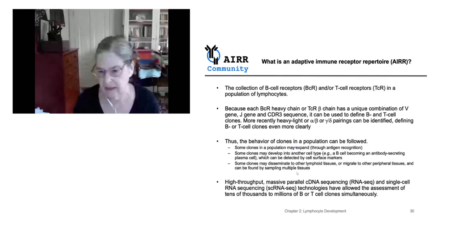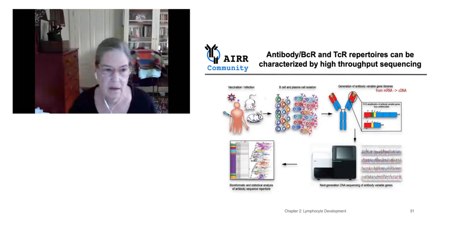So the point is that people will look for these as expanded clones in particular populations. So high throughput, massively parallel cDNA sequencing, people call it RNA-seq, or single cell RNA sequencing, these technologies allow you to assess populations. And so, again, you can sort out a population of, let's say, B cells.